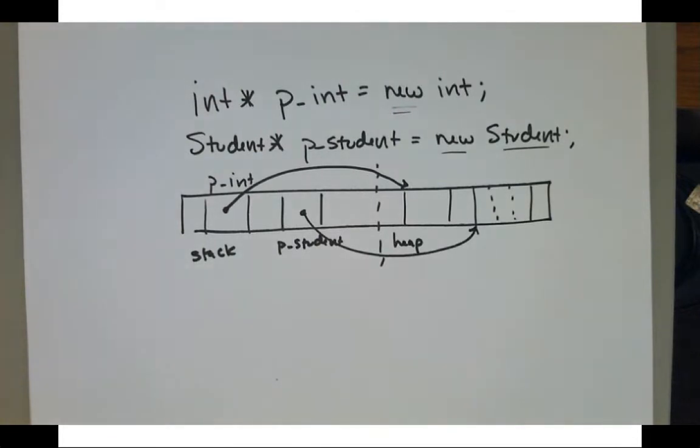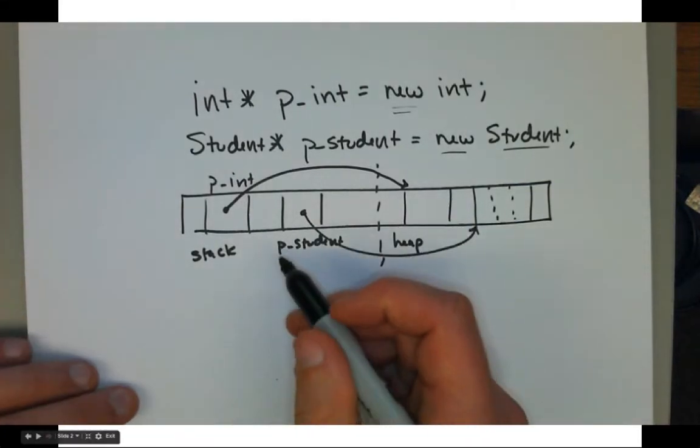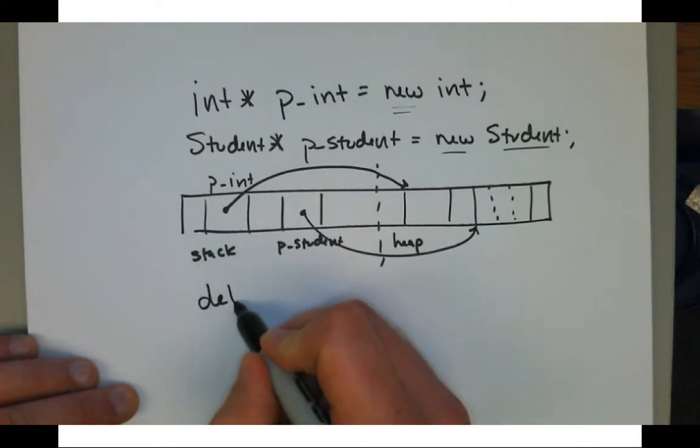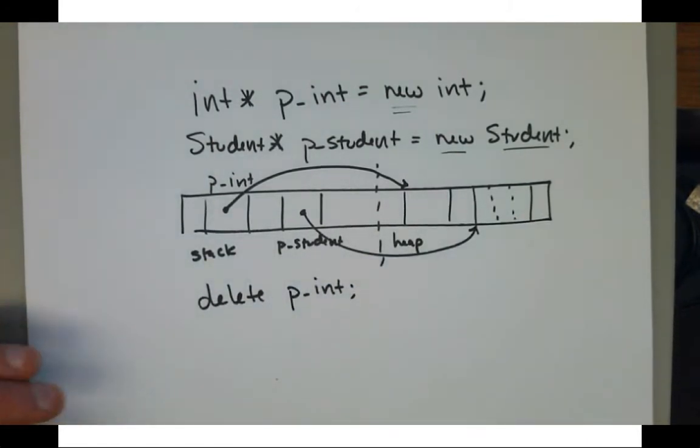Okay, I also said that we are in charge of freeing up memory in C++, and we do that with a delete statement. Okay, so if I wanted to get rid of the memory associated with this integer here, what I would do is I would say delete, and I'd give the name of the pointer that I wanted to free up.